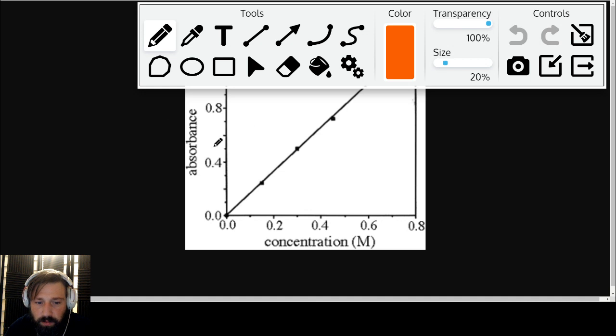So let's say I put it in the spectrophotometer, and I get an absorbance of 0.4. Then I can just draw a line here, and then draw a line down. And I know that this concentration is now about 0.24. And there we go. That is why Beer's law plots are so nice.